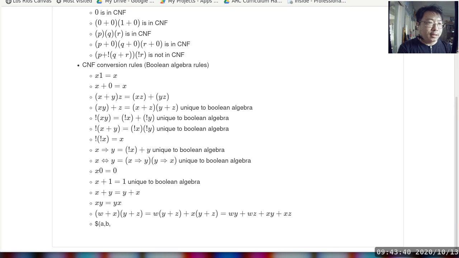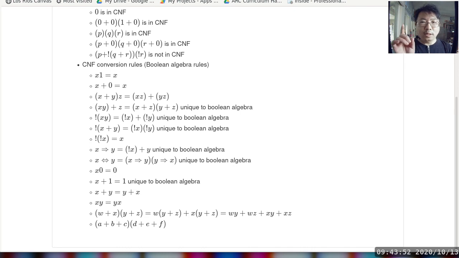So if I have A plus B plus C times D plus E plus F, you can see that this is the same thing as a Cartesian product, where you end up with A and D, or A and E, or A and F, or B and D, or B and E, or B and F, or C and D, or C and E, or C and F, right?